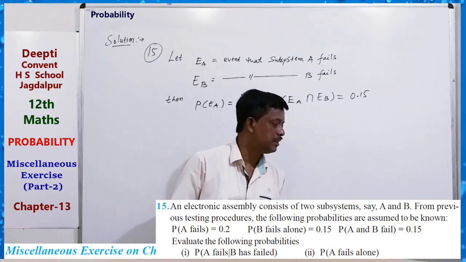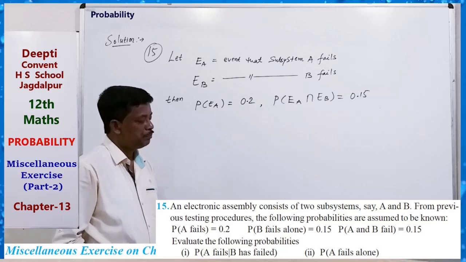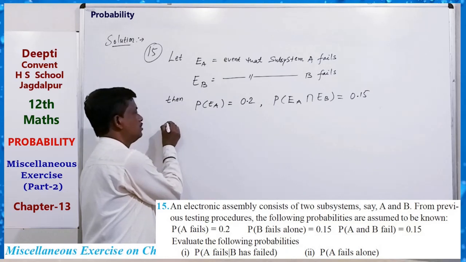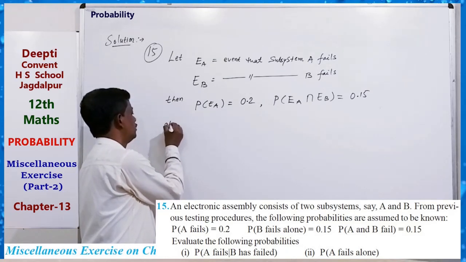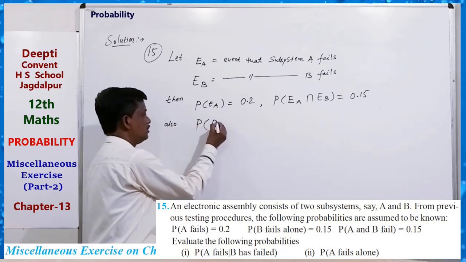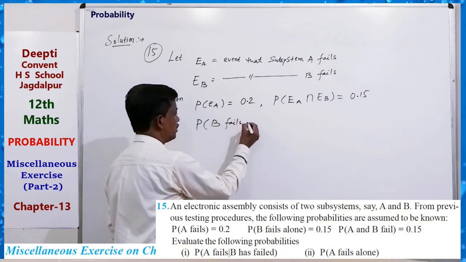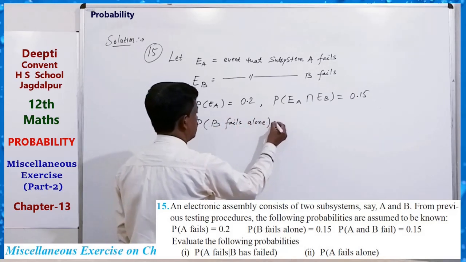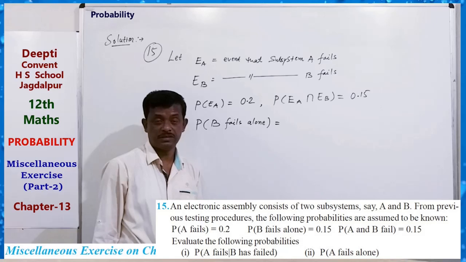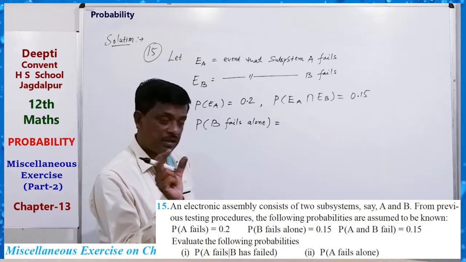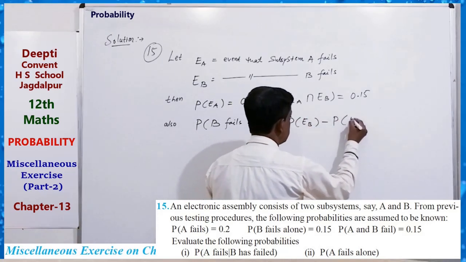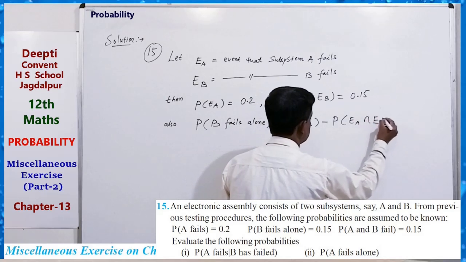Also here it is given that P(B fails alone). P(B fails alone) means P(EB) minus P(EA intersection EB).